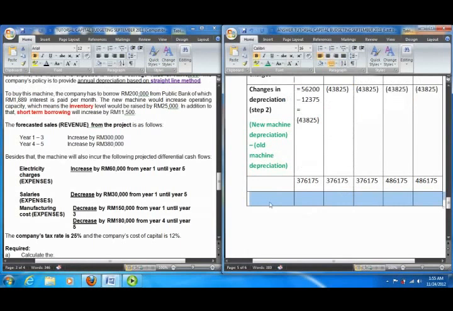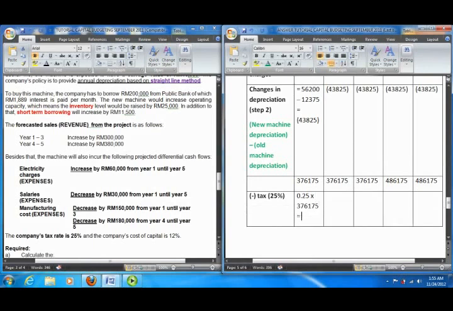You must minus your tax. Don't forget, in the question I give you, tax is 25%. So 25% you will times with 376,175.